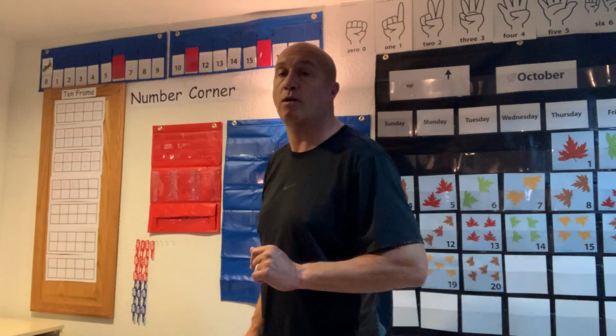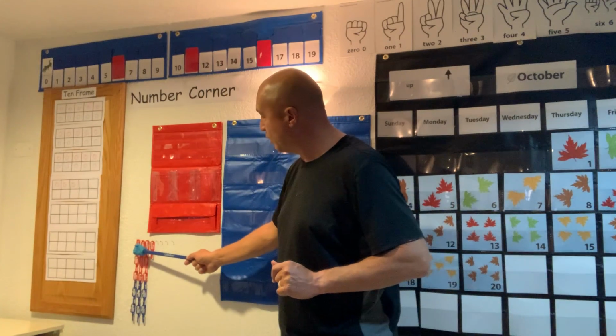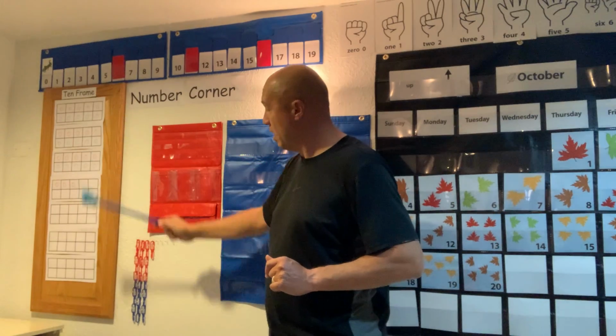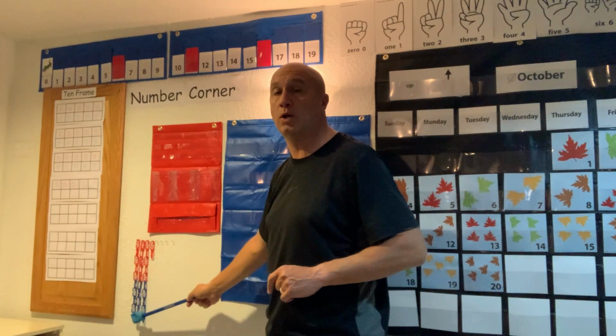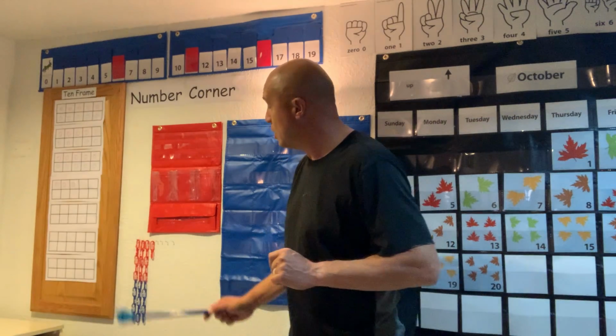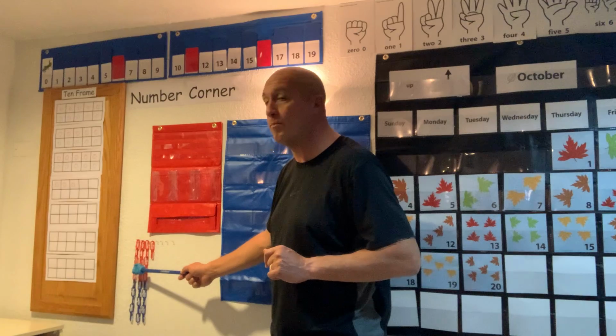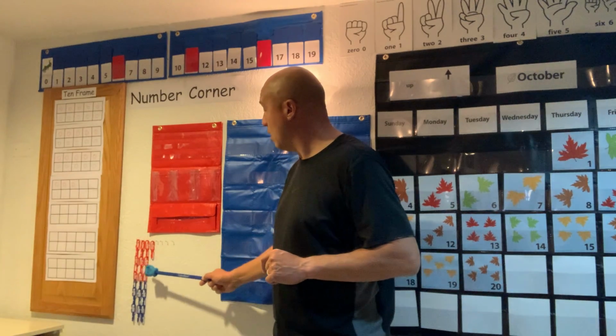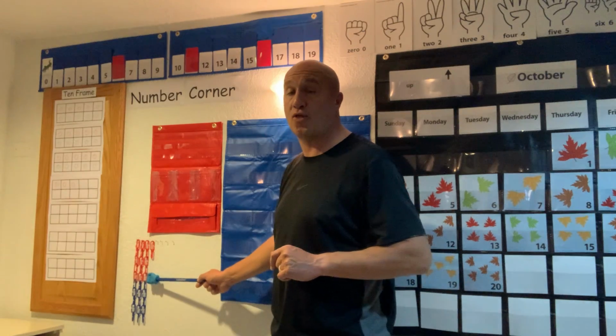Now look, our chain matches. The first 5 are red, just like on our 10 frame, and the second 5 are blue, just like on our 10 frame. They are always going to match. So we have 1 row, that's 10. We have 2 rows, that's 20. We have 3 rows, that's 30.